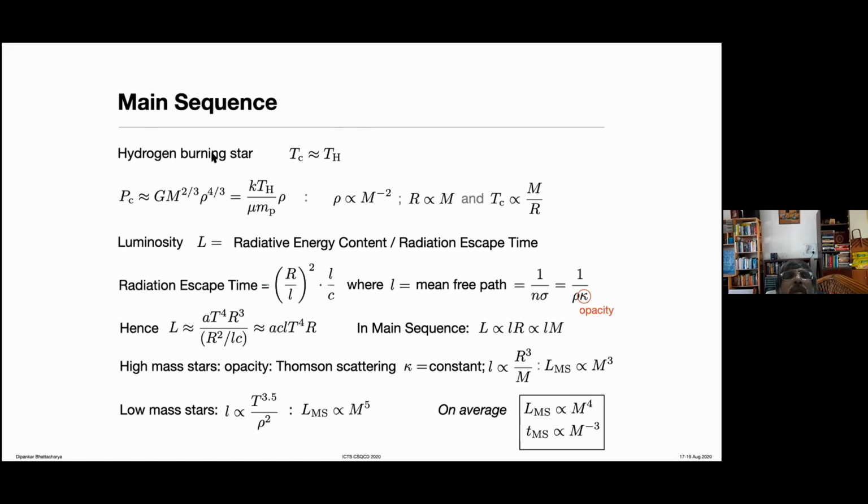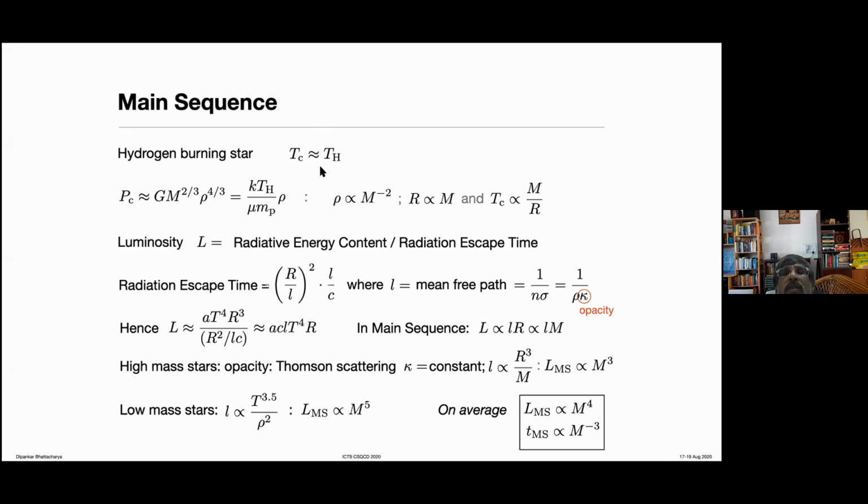So the main sequence then has the core temperature roughly equal to the characteristic temperature at which hydrogen burns, which is about 10 million degrees Kelvin. And all stars which are in the main sequence will have the central temperature more or less equal to this.